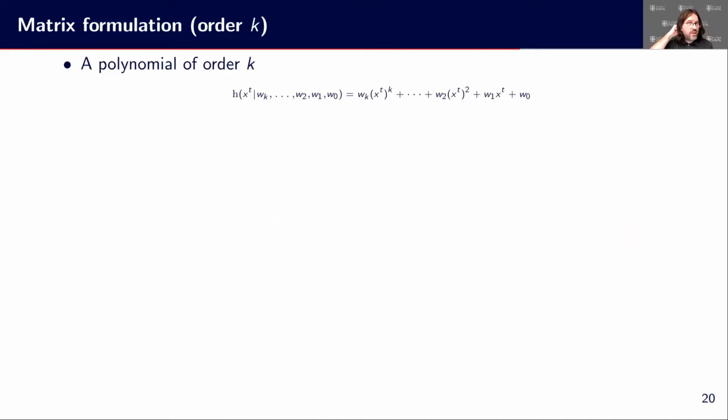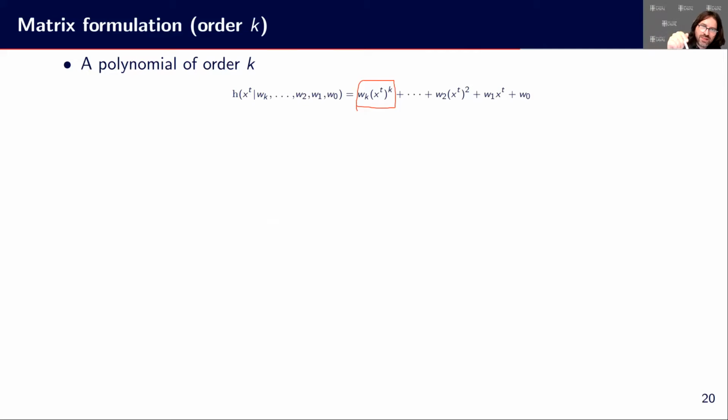So then we can look at order K. If we are looking at order K, this is an extension of what we have in the linear case, but now we are looking at a polynomial of higher order. So this polynomial looks like this. We have WK, and I've just put the xt in parentheses because the t is an index, while the k is a power.